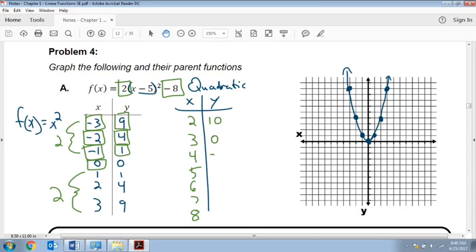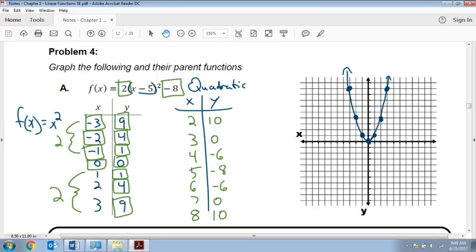Minus 8 is -6. 0 times 2 is 0. Minus 8 is -8. 1 times 2 is 2, minus 8 is -6. 4 times 2 is 8, minus 8 is 0. And 9 times 2 is 18, minus 8 is 10.